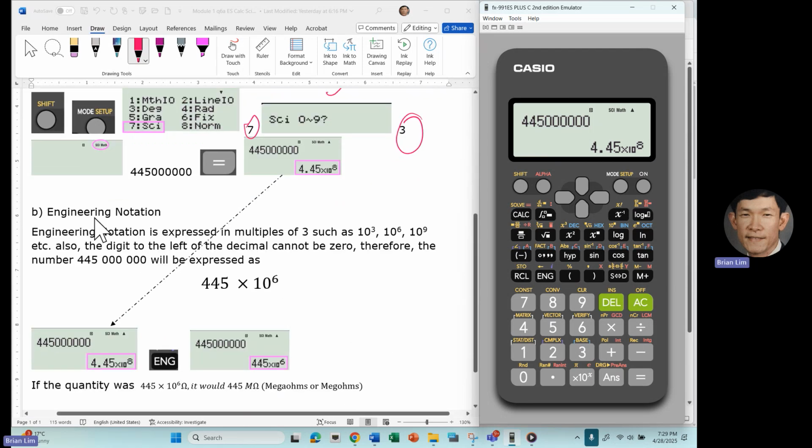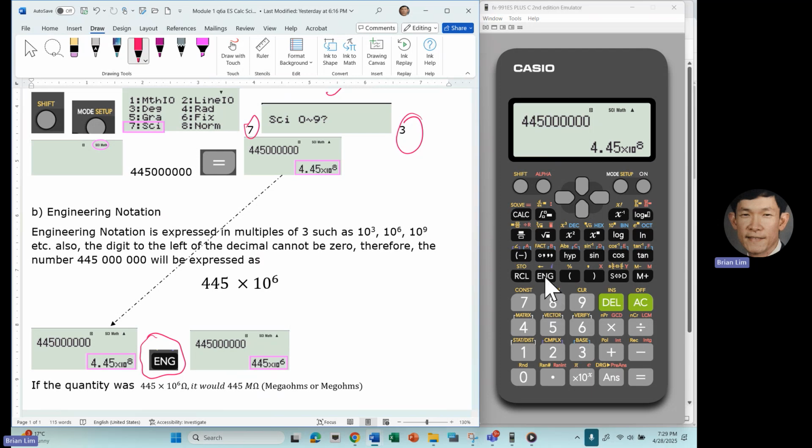All right, now if we wish to get engineering notation, it's very simple. All you do is you go here and you click on this button that says ENG as it's indicated right here. We click on engineering and we get 445 by 10 to the 6th.